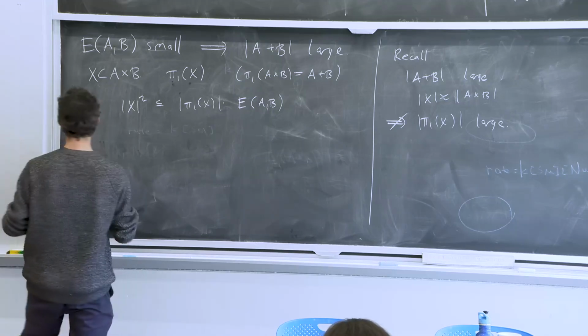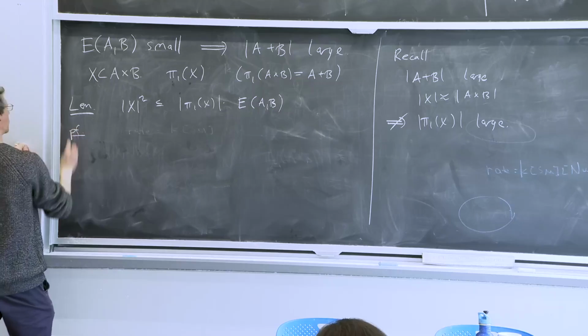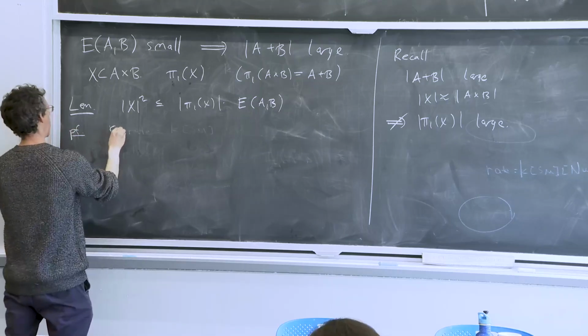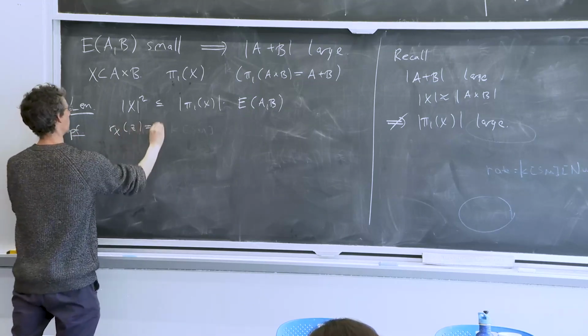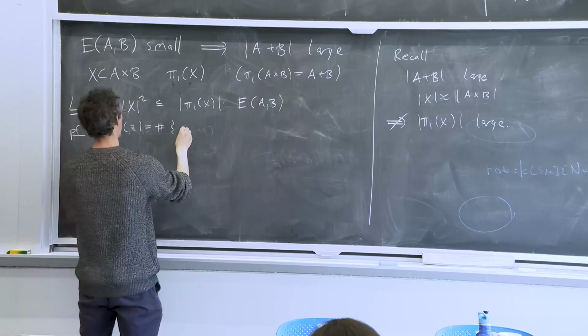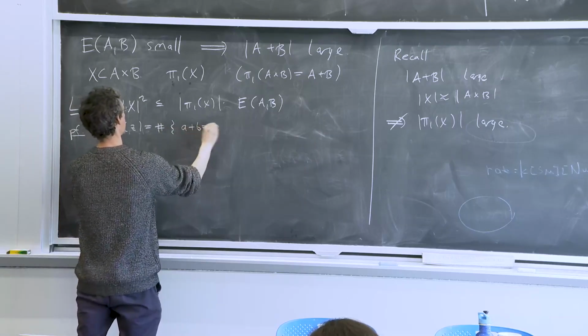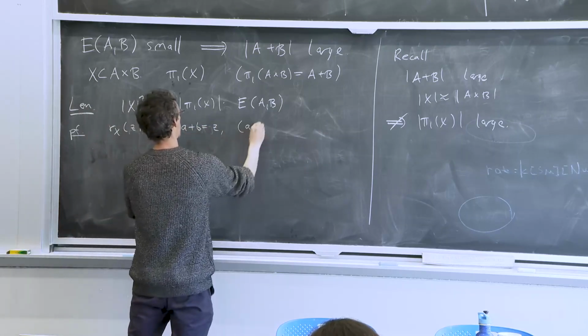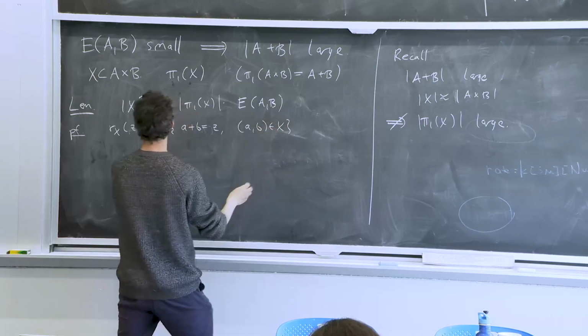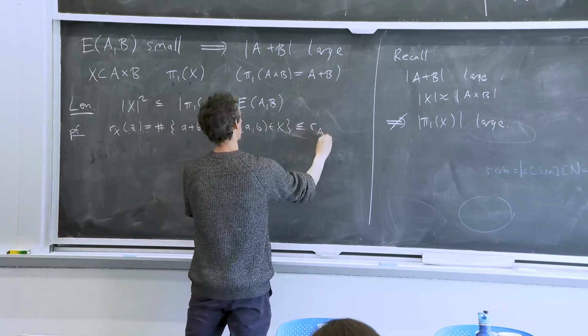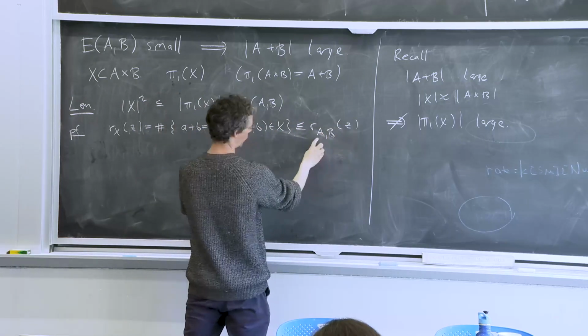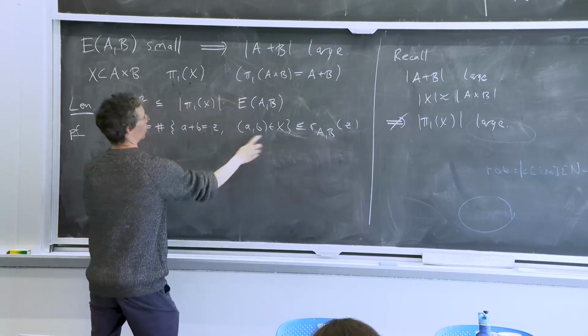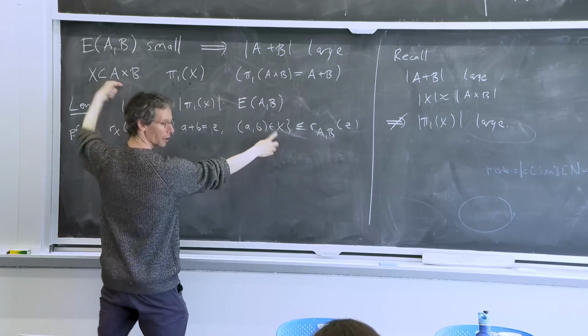The proof is almost the same as the previous proof. So proof: Rx of z is the number of ways of writing a plus b equal to z, where the pair (a, b) is in x. And that's smaller than the number of representations of z as a general sum of a and b, because we're only taking a portion of the sums.